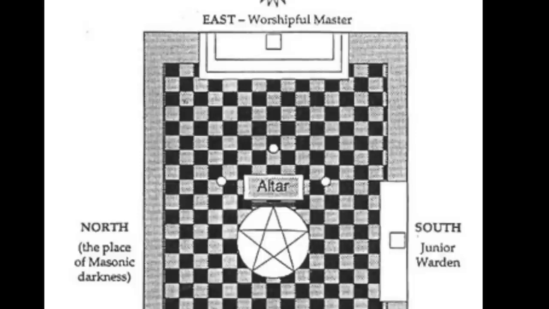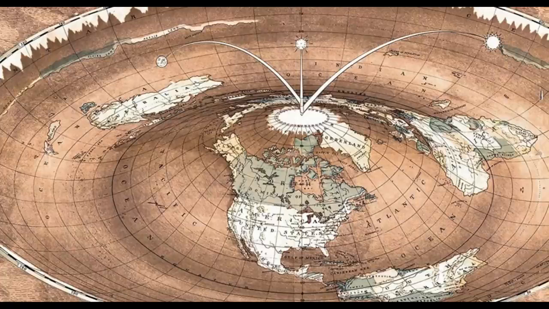This is because the North is associated with the energy of good. It is the source, the magnetic mountain, the axis mundi directly underneath Polaris, the fixed constant star.